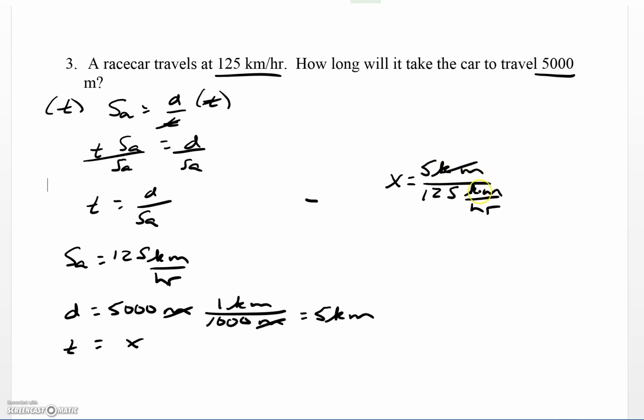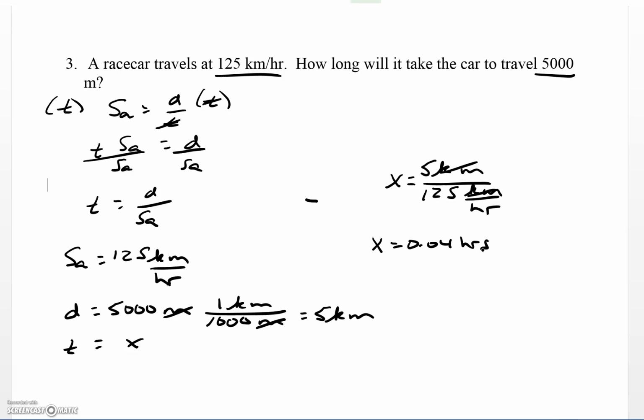Notice that again, kilometers are going to cancel out, and we're going to be left with hours. So we're going to take 5 divided by 125. We only want one significant digit in our answer, so we're going to get x equals 0.04 hours.